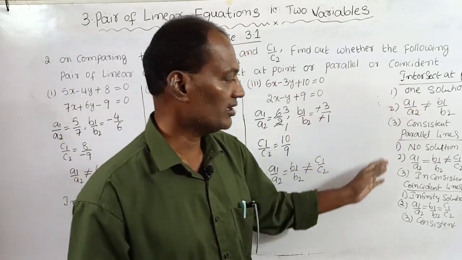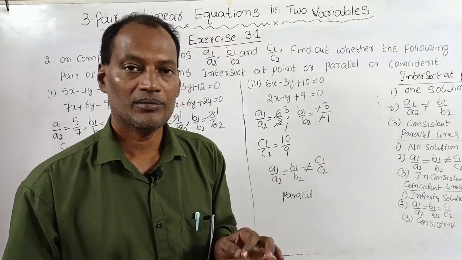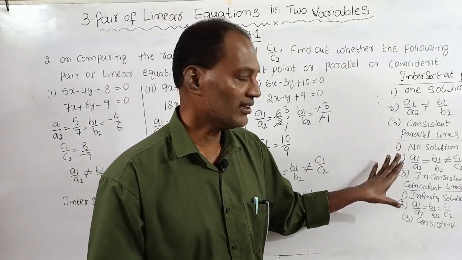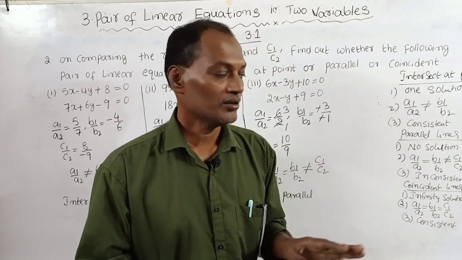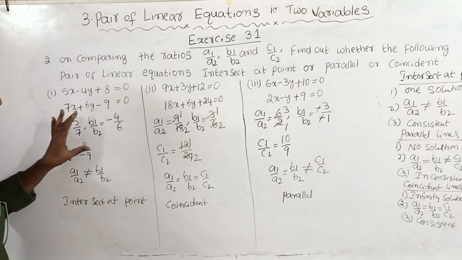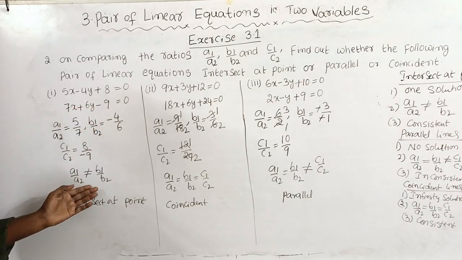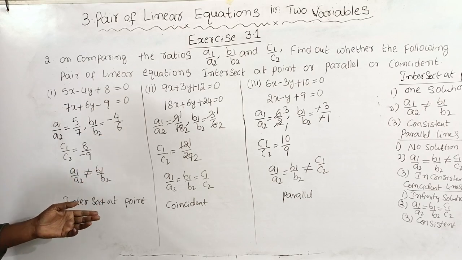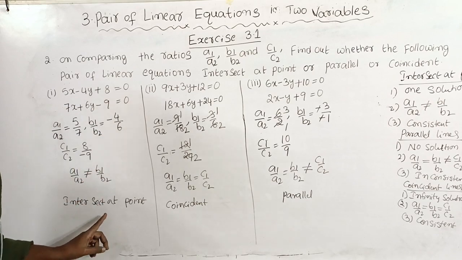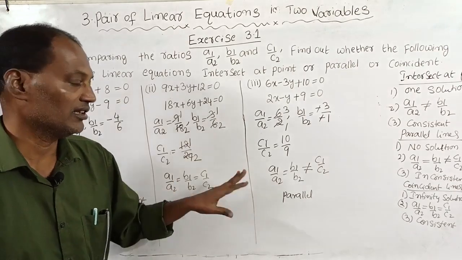If you know them all perfectly in your mind, you need not write them. Directly write the fraction type a1 by a2, b1 by b2, and after seeing them you can write a1 by a2 equal to b1 by b2, and say this one belongs to this one, that one belongs to that one.